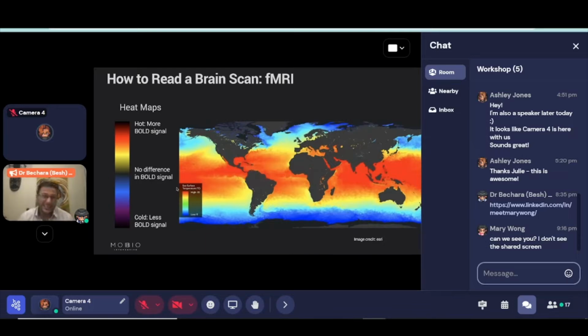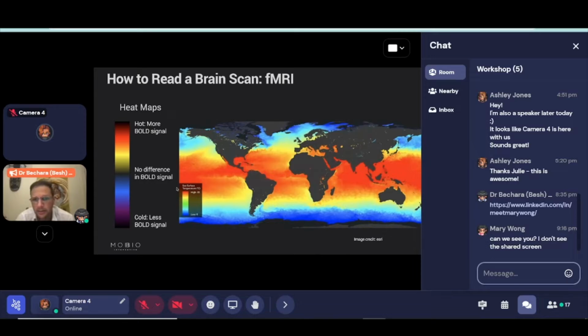And we tend to do this in neuroscience as well when we want to showcase the change in activity of brain regions. And so these are the typical colors that are used, where violet and blue are cold. And then as you get hot, it becomes yellow and then red.